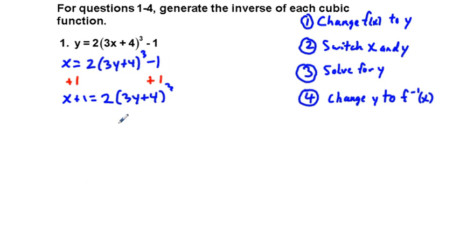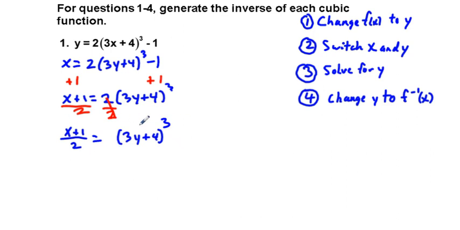We got rid of that 1. So next step we're going to do is we're going to divide by 2. Divide by 2, so we cancel out here. And we have on the left side x plus 1 over 2. On the right side we have quantity 3y plus 4 cubed.